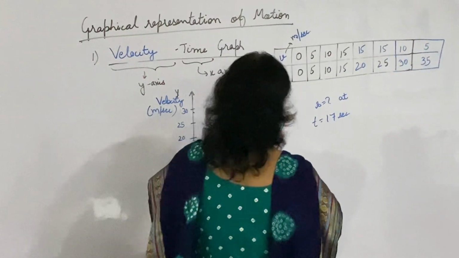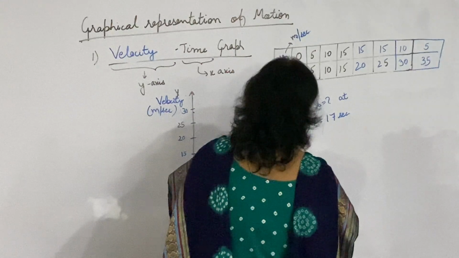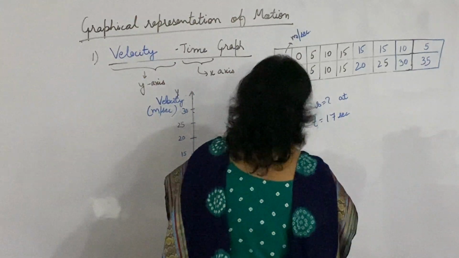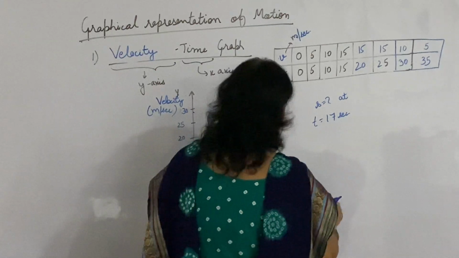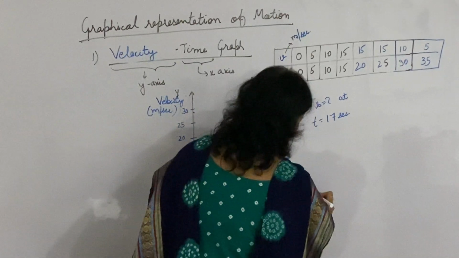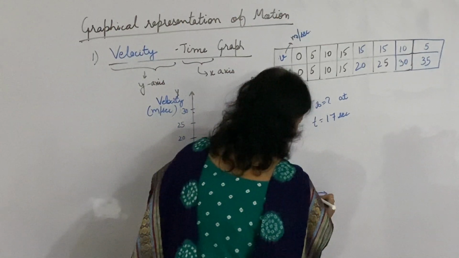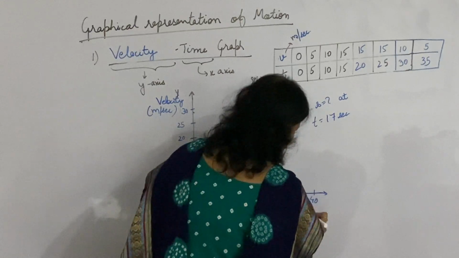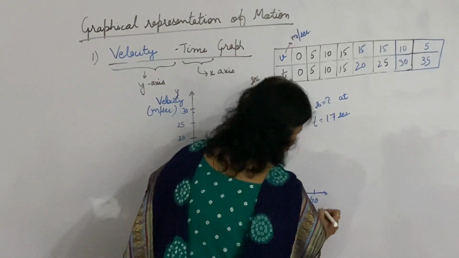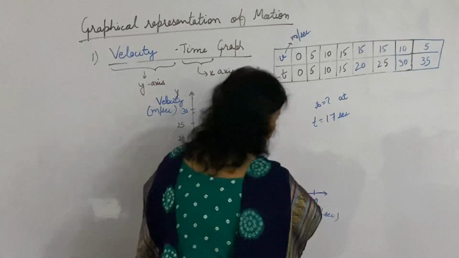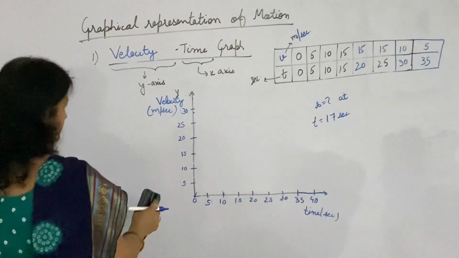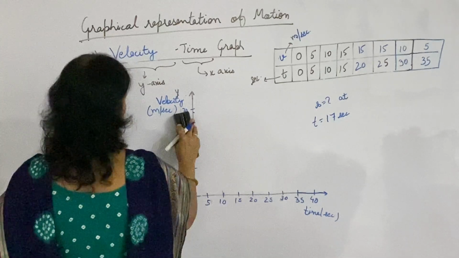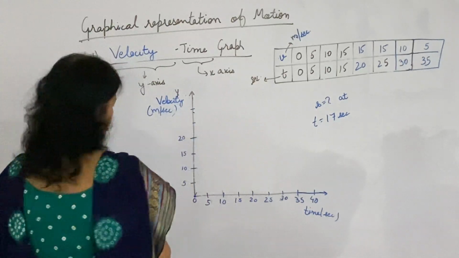Now, this is 35, maximum time is 35, so we can take 5 seconds extra over the graph, that is 40. Here the time is mentioned in seconds. Okay, velocity maximum is 15, so there is no need to mention over 25 and 30.